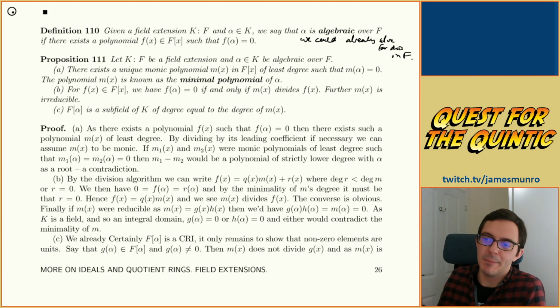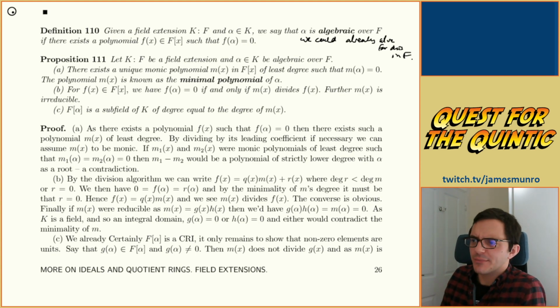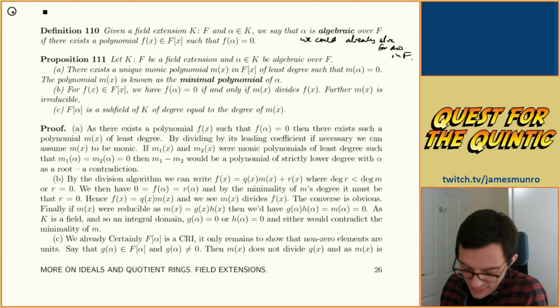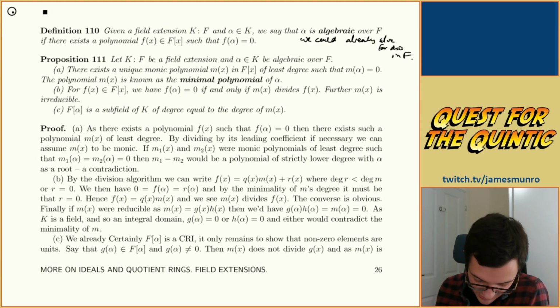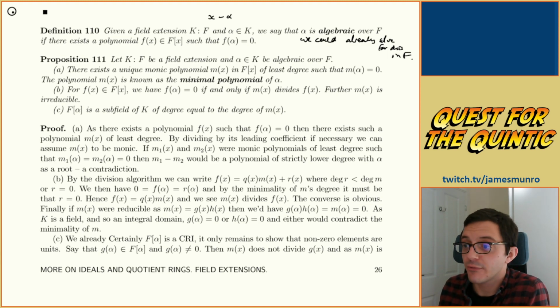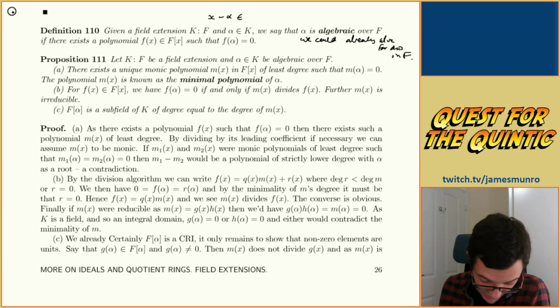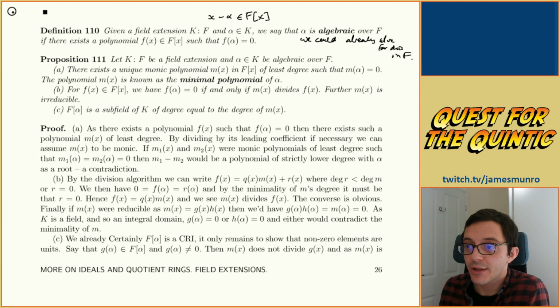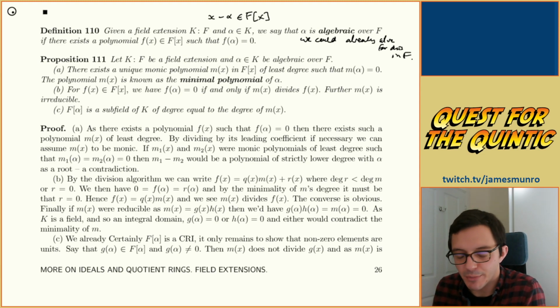In K there's a copy of F. So things in F are not where you should look for algebraic numbers, because they all satisfy things like this: the polynomial is in F[x] and has f of alpha equals 0. So members of F, super boring.